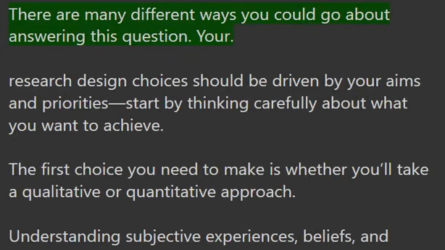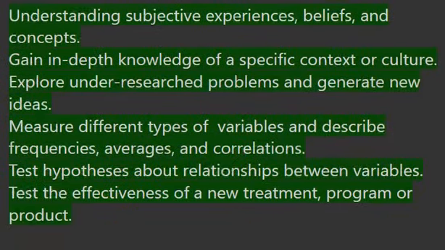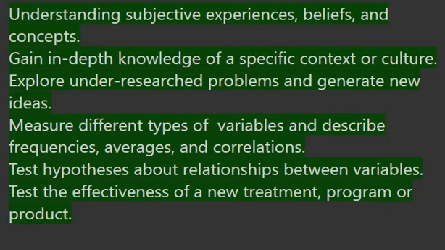Your research design choices should be driven by your aims and priorities. Start by thinking carefully about what you want to achieve. The first choice you need to make is whether you'll take a qualitative or quantitative approach. Understanding subjective experiences, beliefs, and concepts.